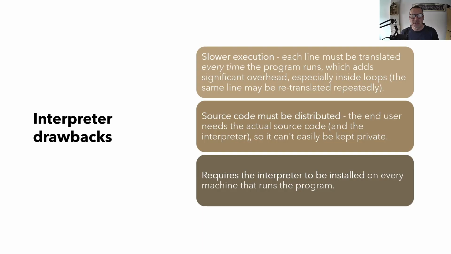You do tend to give the source code away with this method, so people get the source code that needs to be interpreted. So you can't keep it private. It's not so good for commercial proprietary software. And every machine that wants to run this has to have an interpreter installed, whereas if it's compiled, they don't need anything else.